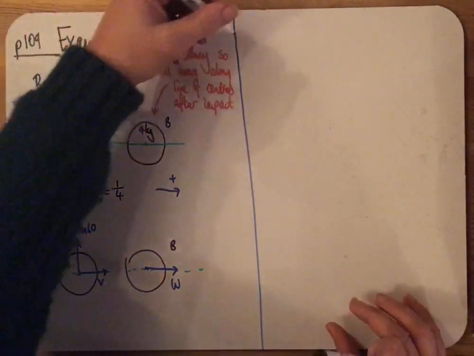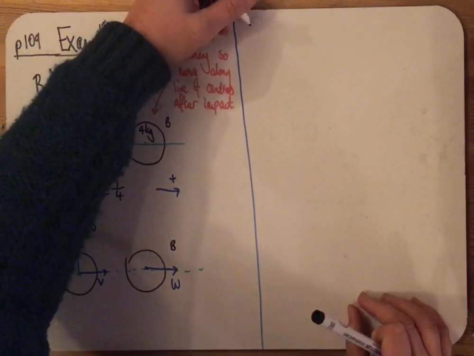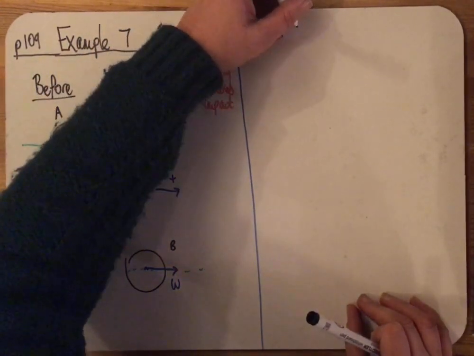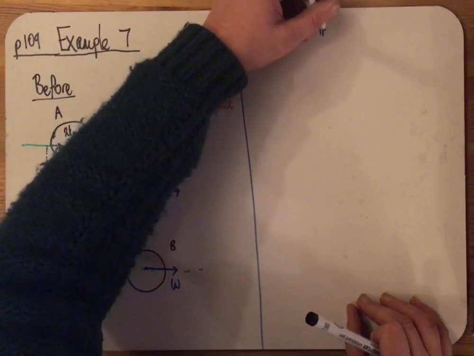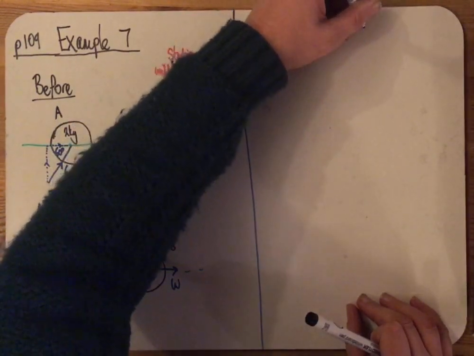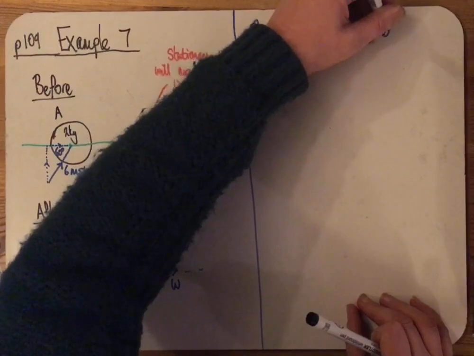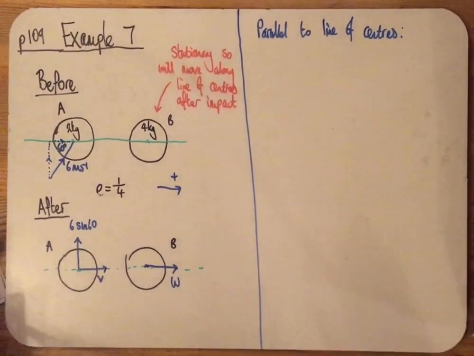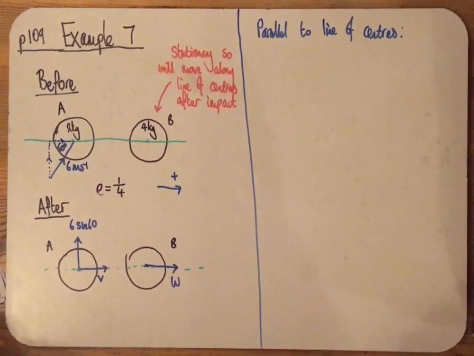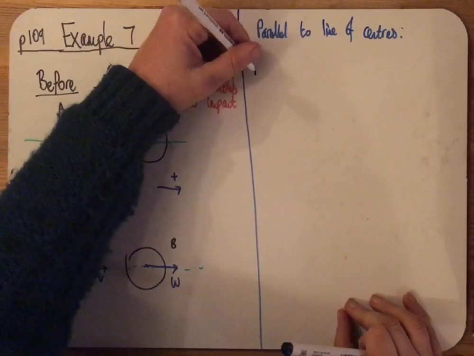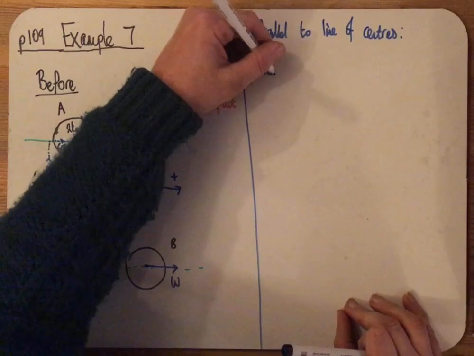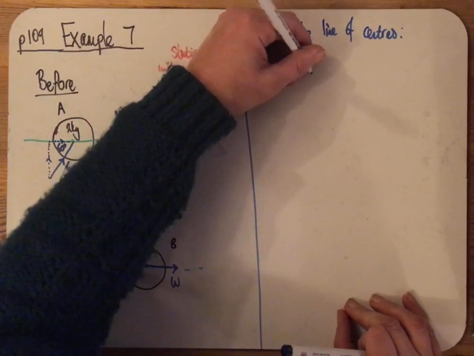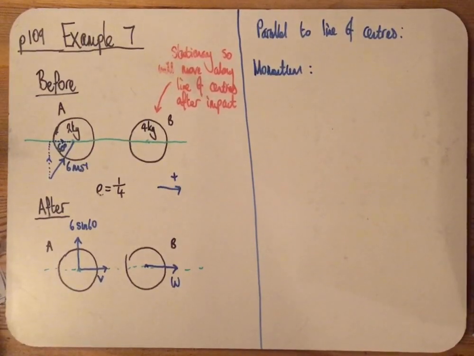So that should all be okay. Parallel to the line of centres is where we're looking. So we're basically working with momentum and restitution. That's what we've got to work with. So momentum before equals momentum afterwards.